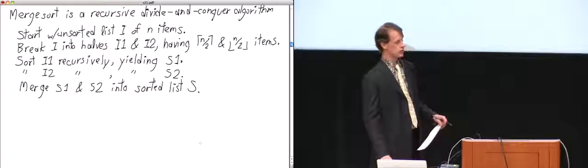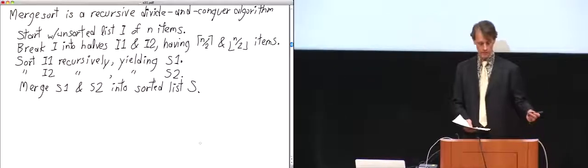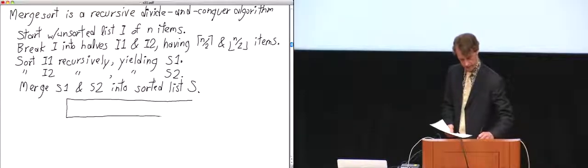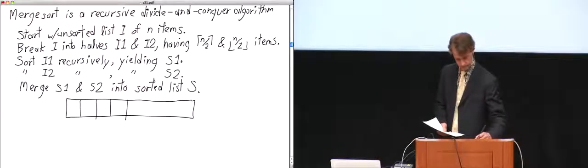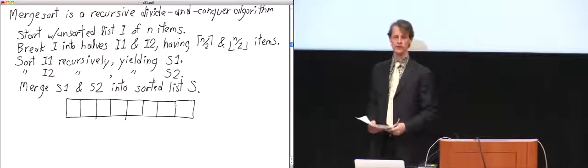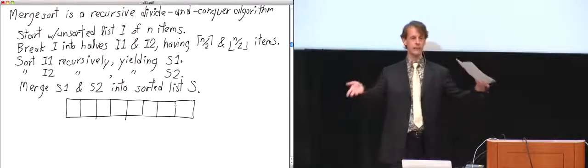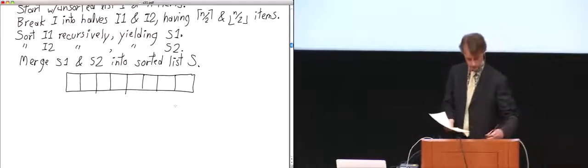So let me show you a pictorial way of imagining what this algorithm is doing. Let's suppose that I have a list of 8 items. Let's not worry yet about what particular numbers I'm sorting. We're going to take those 8 items and break them up into 2 groups of 4 and do a recursive call on each of those 2 groups of 4.